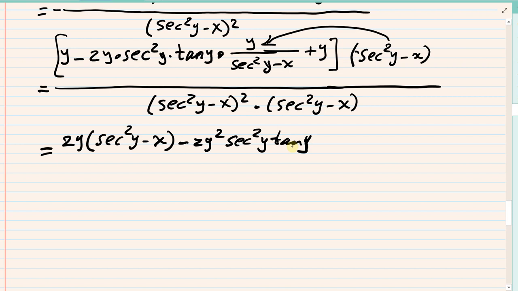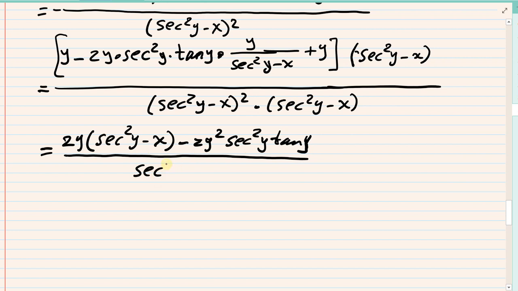And that's it, because the denominator divides out. Now, how do I get y squared? Because y multiplies by this y. Those give me 2y squared. And then secant squared y tan y is there. All right, we're good with this one. All of that divided by now secant squared y minus x cubed.